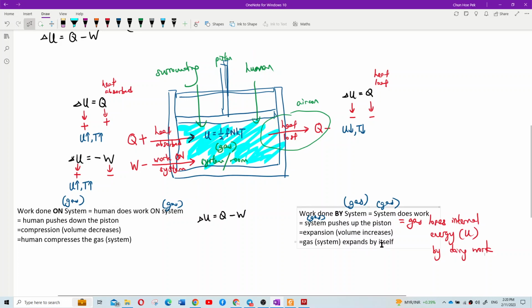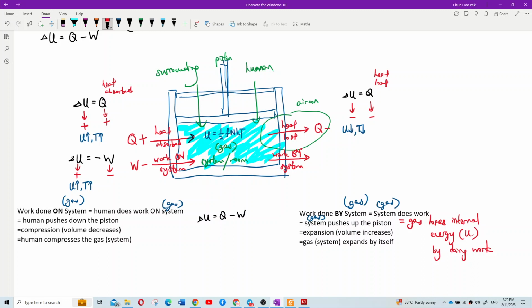The gas pushes the piston up. That means the gas does the work. If the gas does the work, it loses energy. It loses internal energy, meaning energy goes out from the system. Work done by the system.